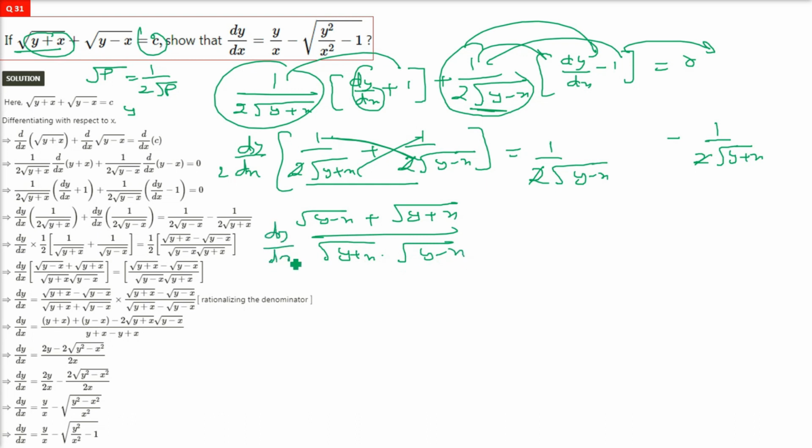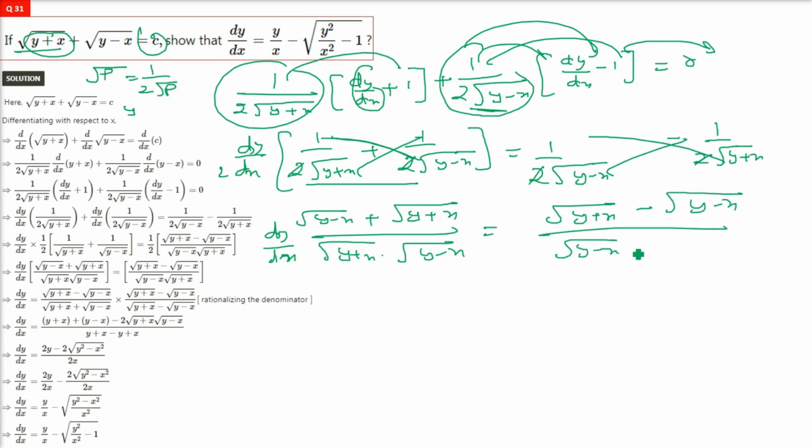dy by dx is already there. What will this be? Under root y plus x minus under root y minus x divided by again under root y plus x into under root y minus x. Is this clear? Now what do you see here? In the denominator, the terms are same, so you can just cancel these two out.